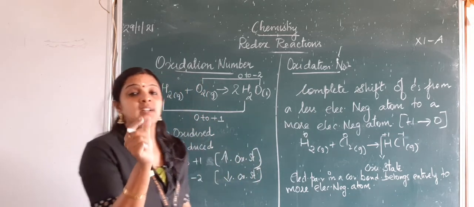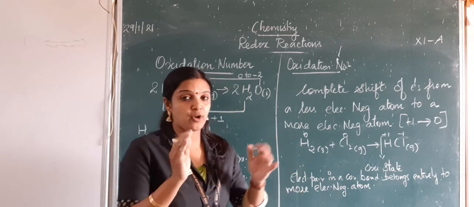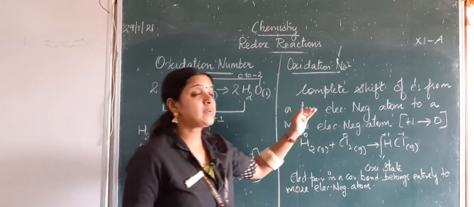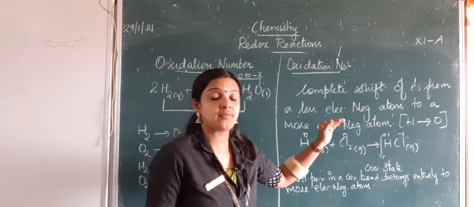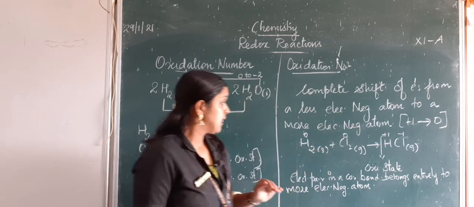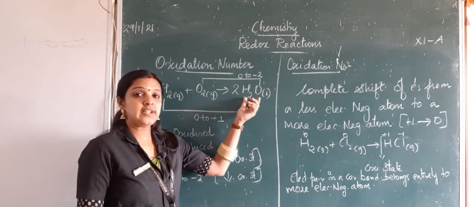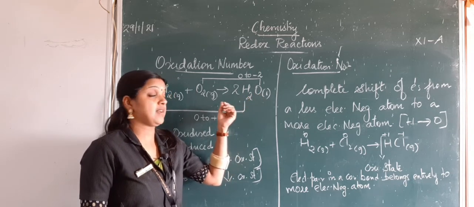How do we define it in simple terms? Oxidation number is a process where there is a complete shift of electrons from a less electronegative atom to a more electronegative atom. When you consider H2O, we know oxygen is more electronegative than hydrogen.